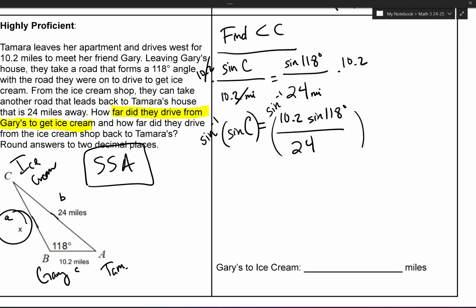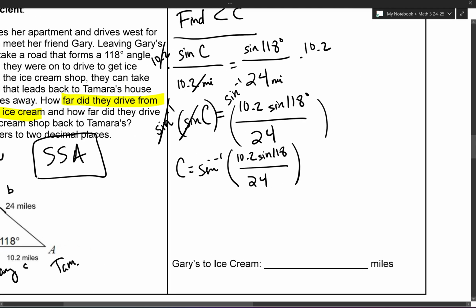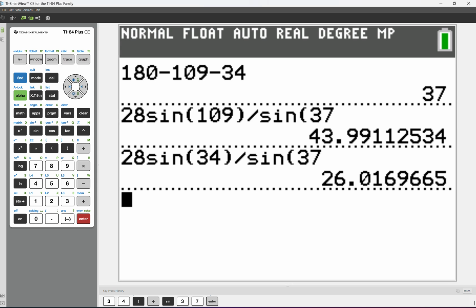And voila, Mathemagic does this. Angle C is the inverse sine of all that stuff. Plug it in.